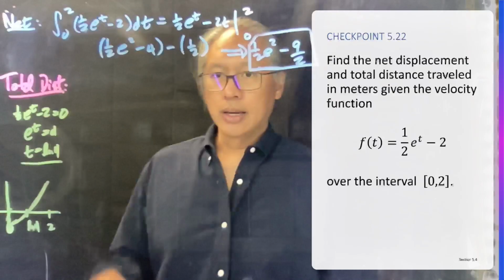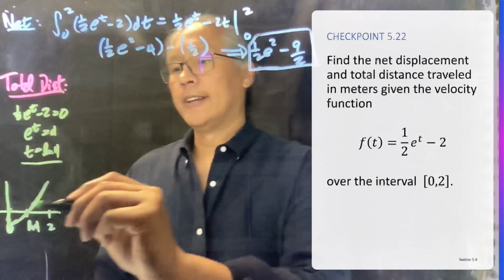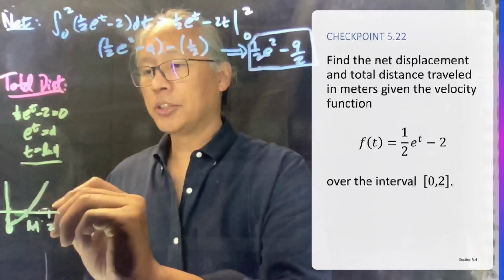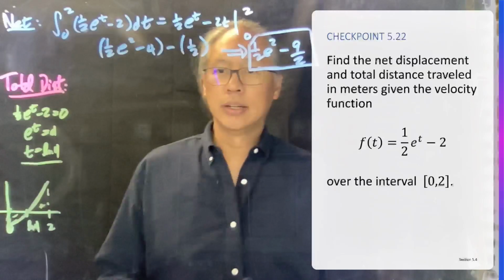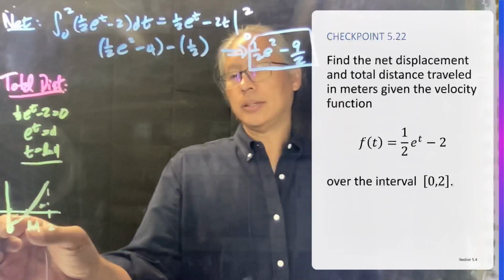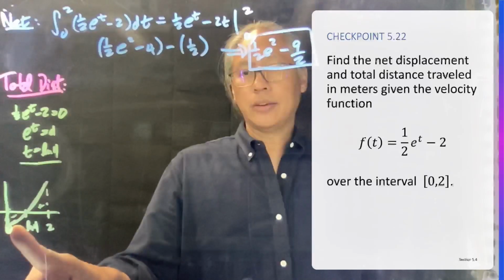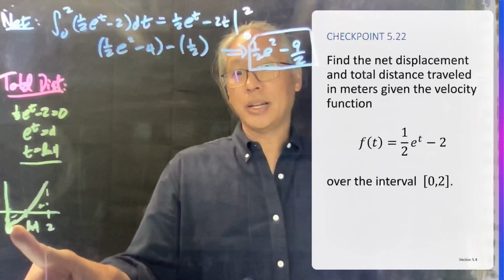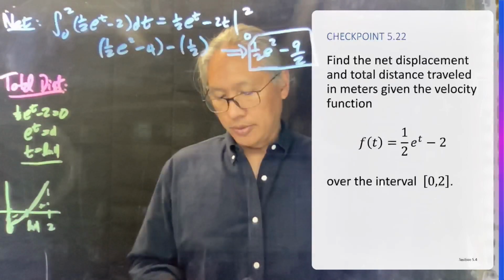And so it looks like your graph would look something like this, and we have a negative contribution down here and a positive contribution up here. And so we would want to integrate this from 0 to ln of 4 and then throw a negative sign in front because we're anticipating that integral to be negative, and we want to account for it in a positive way.